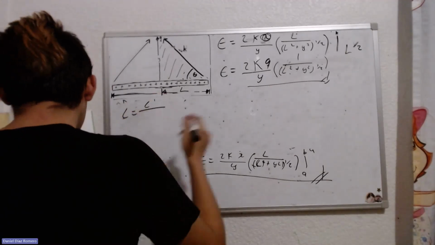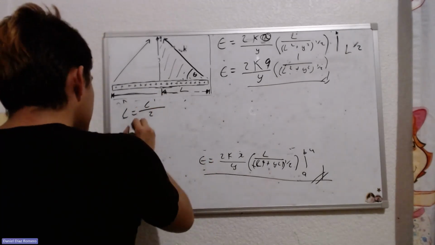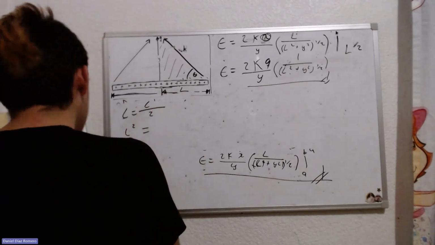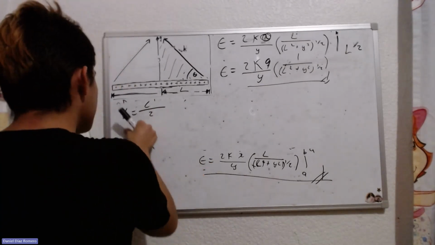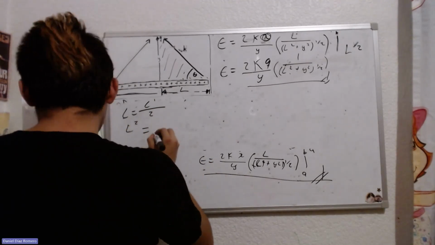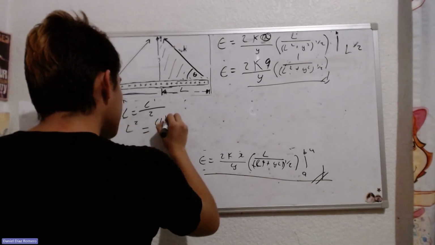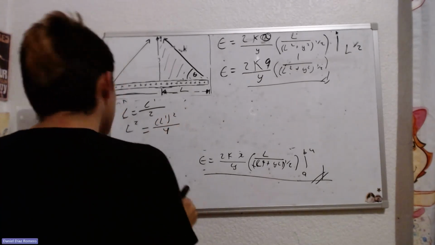We are doing this so that we don't get confused, you know how variables work. So then it's L squared, which is equal to L prime squared over 4, right?